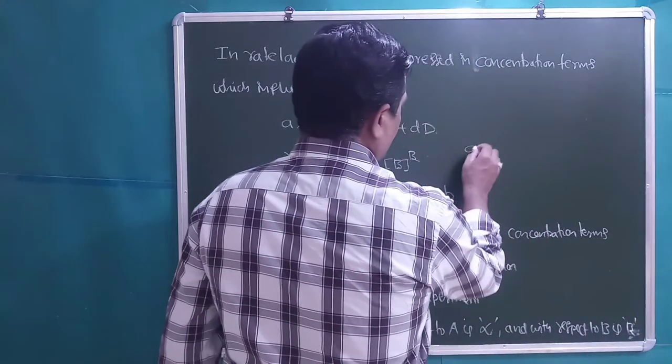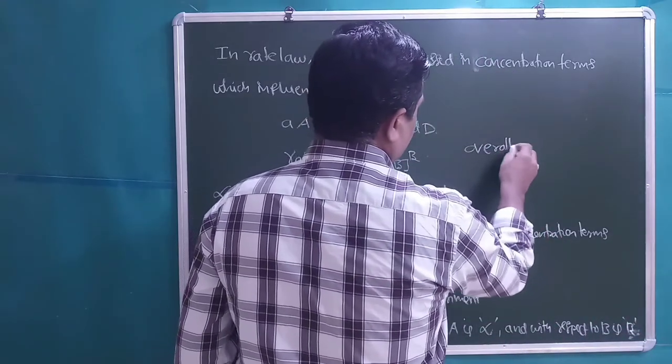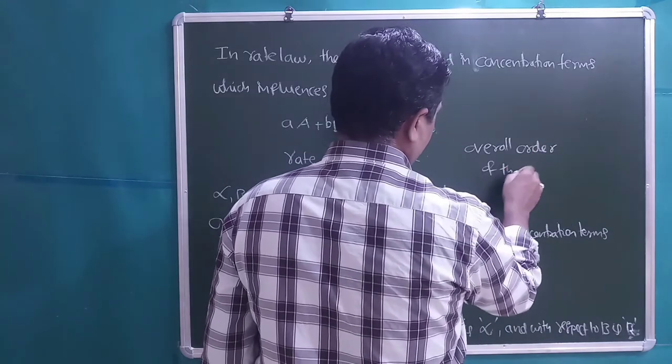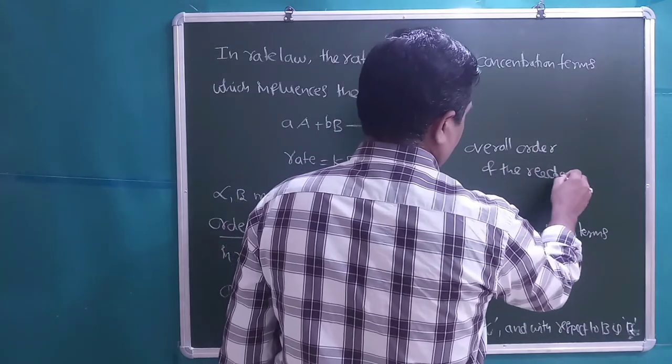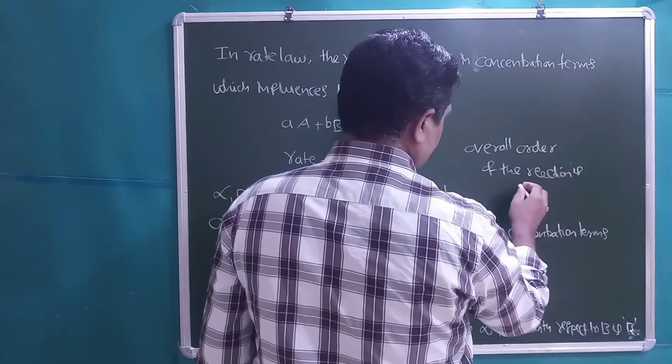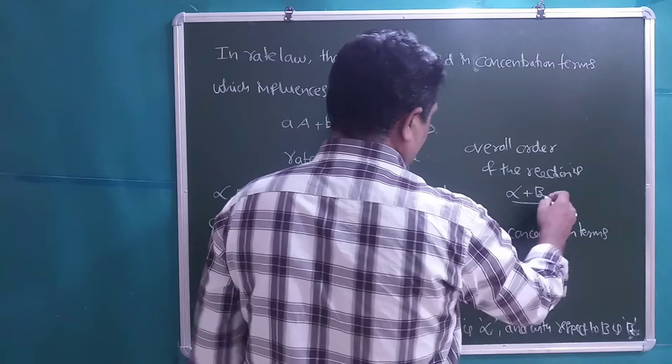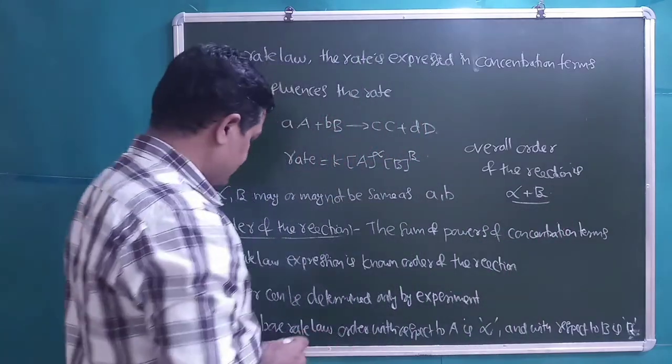And students, the overall order of the reaction is alpha plus beta. Alpha plus beta is the overall order of the reaction.